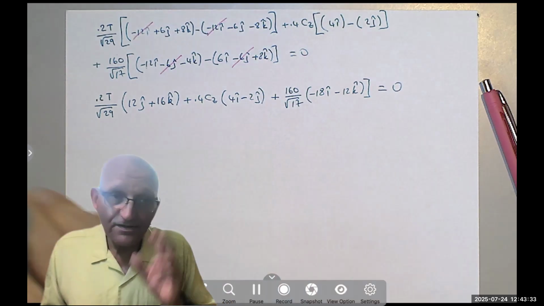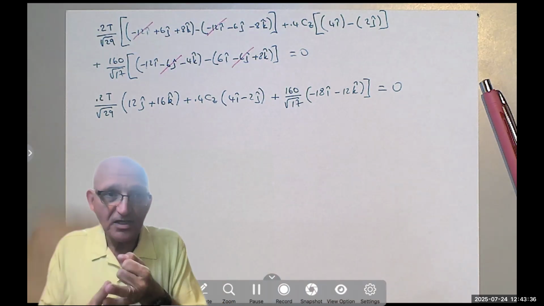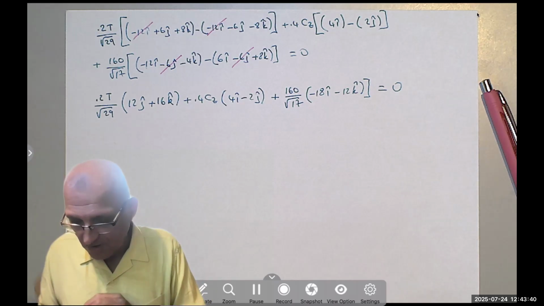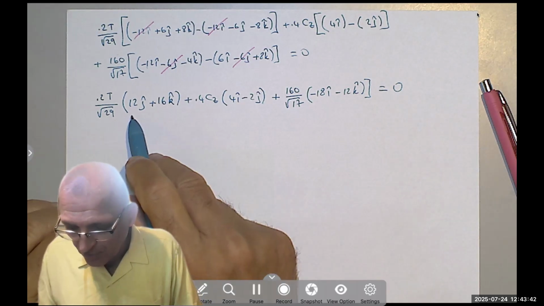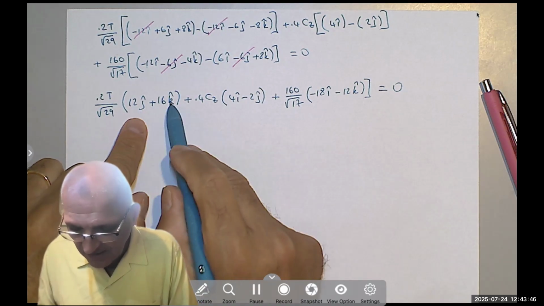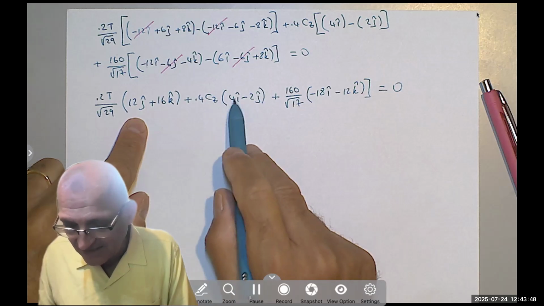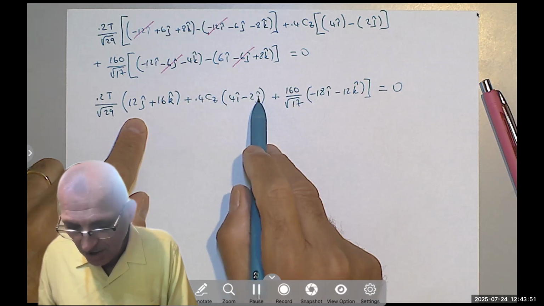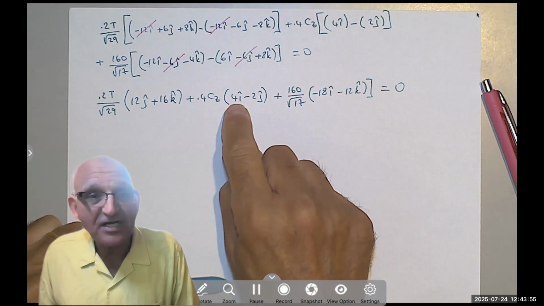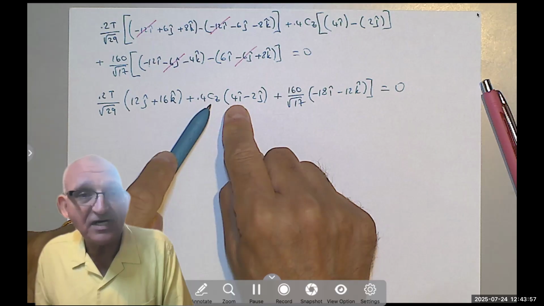Remember, I have to write a 3-moment equation, one in the x, one in the y, one in the z. Now, if you look here, you see that this tension has j and k, and this reaction has i and j. So if I take the moment in the x direction, I can find Cz right away.